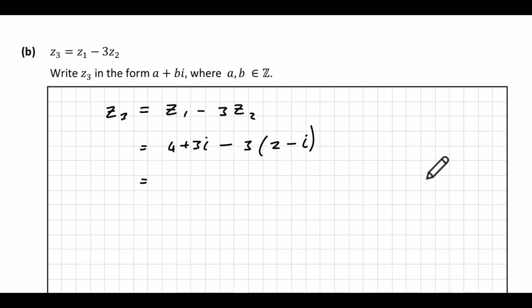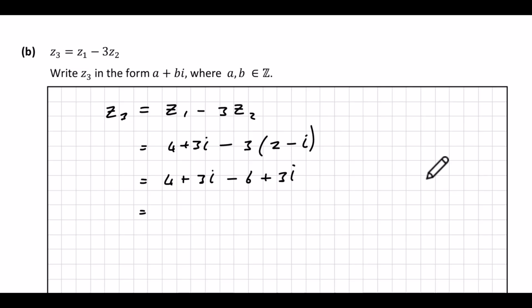So you just got to multiply this out. So it's 4 plus 3i, minus 3 times minus 2 is minus 6, and then minus times minus is plus. So it is plus 3i.